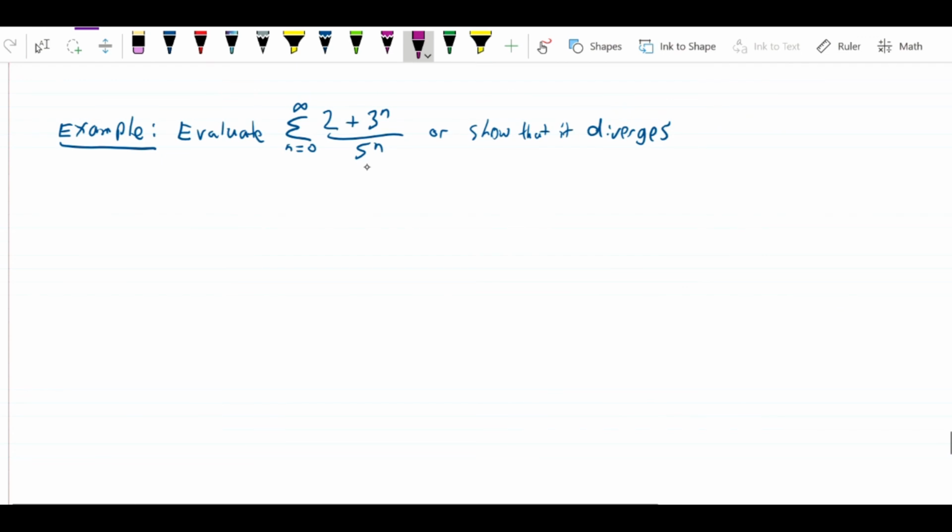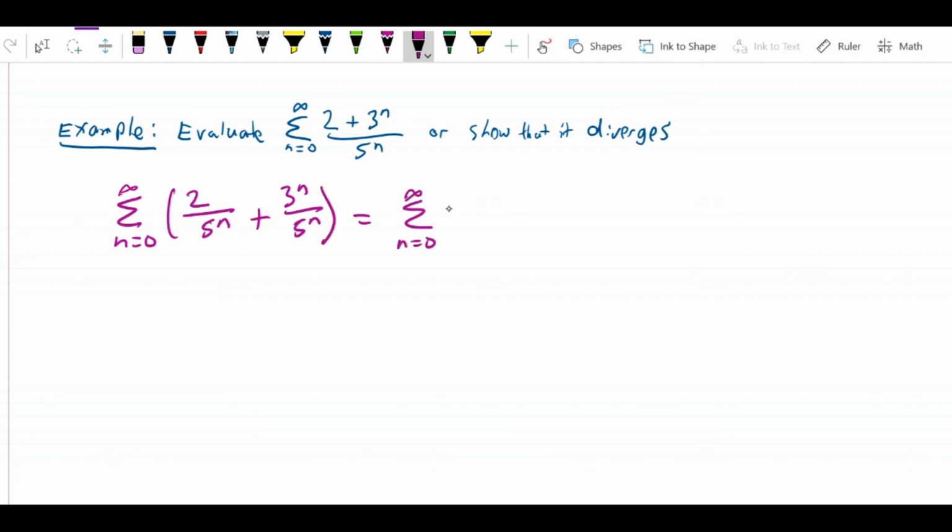This one is similar, but here the 2 doesn't have an n in front of it, so this is going to be the sum from n equals 0 to infinity of 2 over 5 to the n plus 3 to the n over 5 to the n. So the way that this one breaks up is it's going to be the sum from n equals 0 to infinity of 2 times 1/5 to the n plus the sum from n equals 0 to infinity of 3/5 to the n.